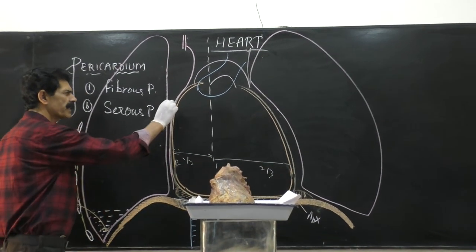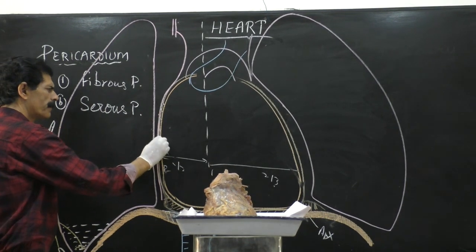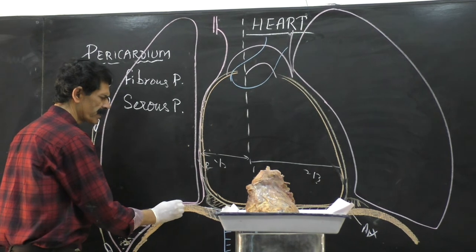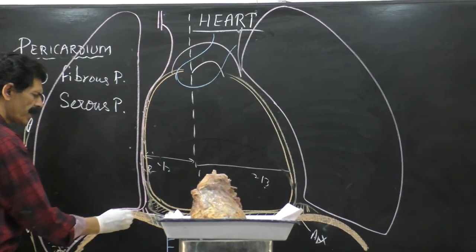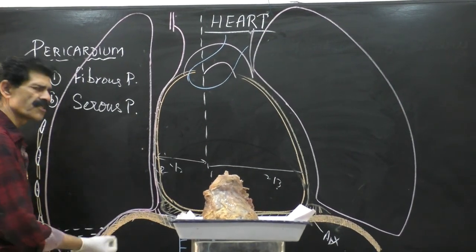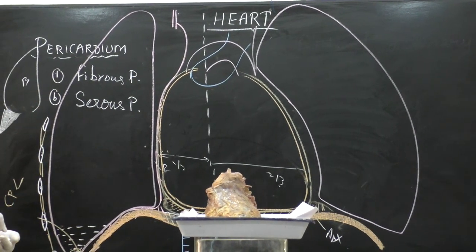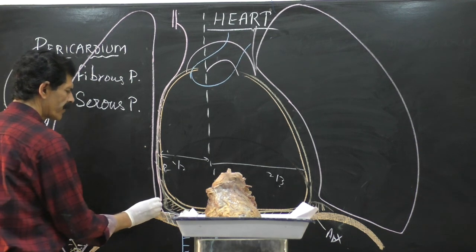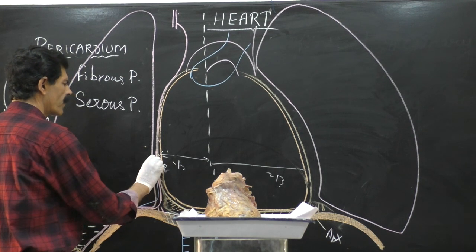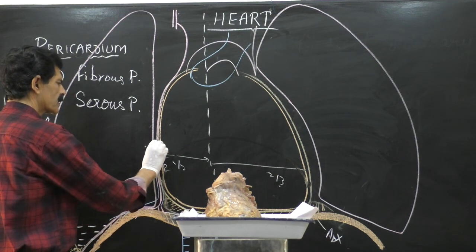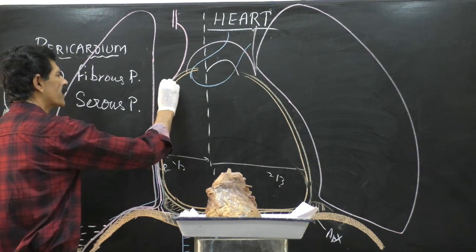So after supplying the fibrous pericardium, this artery will spread over the superior surface of the diaphragm and terminate by supplying it. Pericardiophrenic. And wherever the artery is going, the vein is coming from that way, ascending upward, like the vena comitans of the internal thoracic.